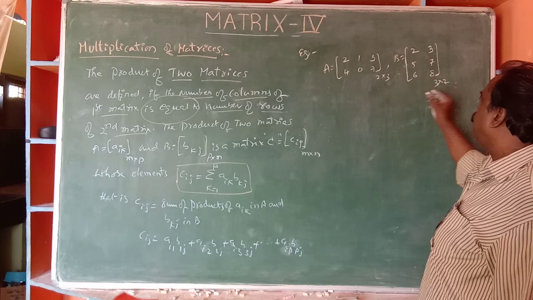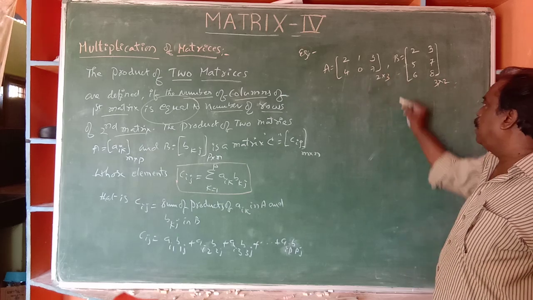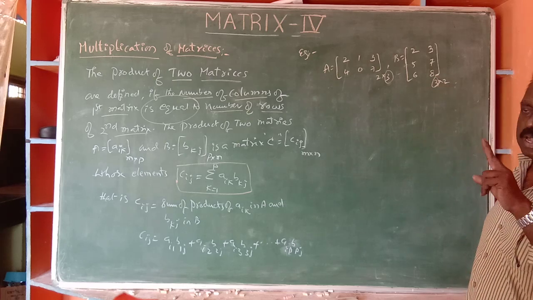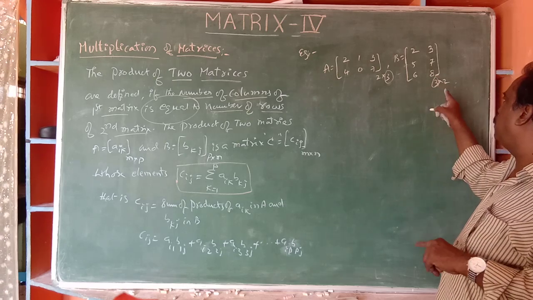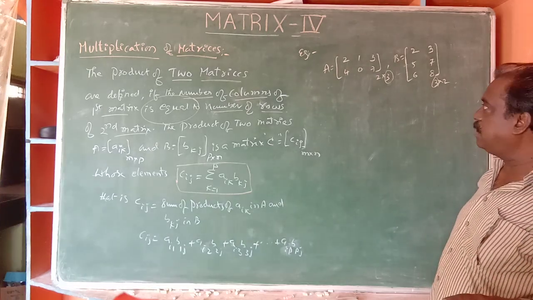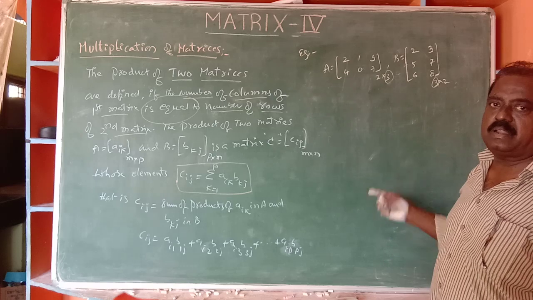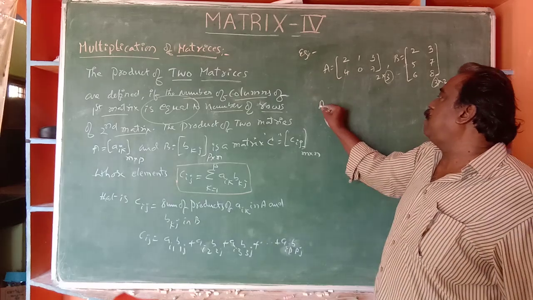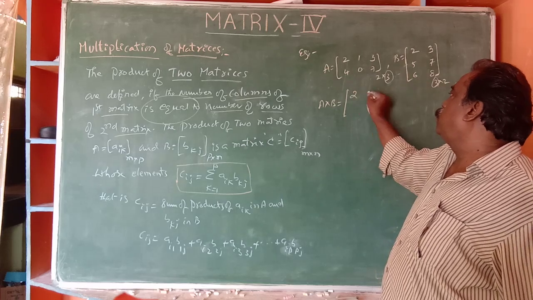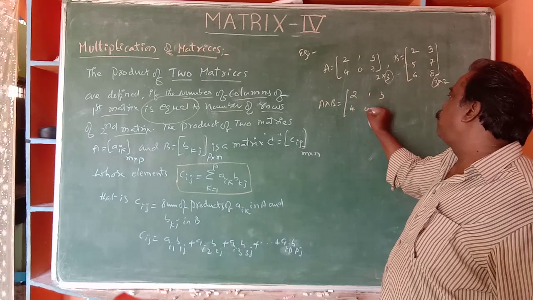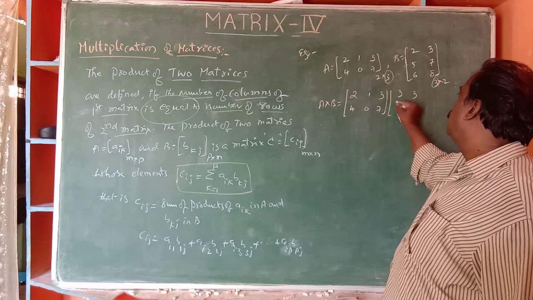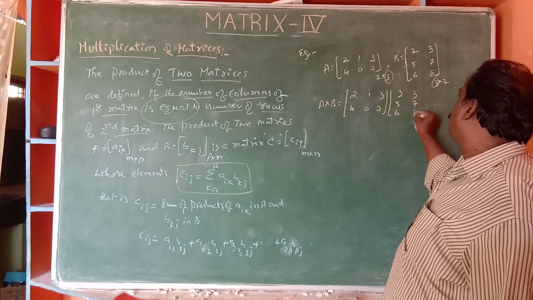It is a 3 by 2 matrix. The number of columns of the first matrix and the number of rows of the second matrix, if they are equal, then only we can make the product. Now A into B is 2, 1, 3, 4, 0, 7 into 2, 3, 5, 7, 6, 8.